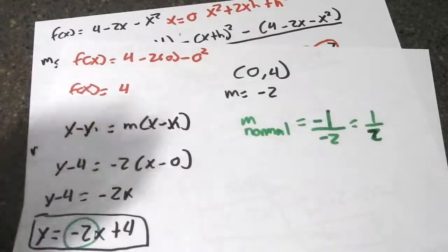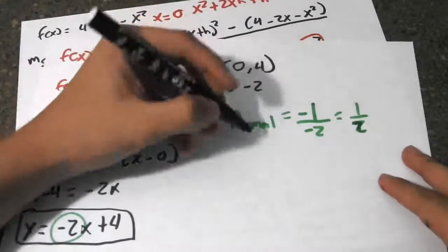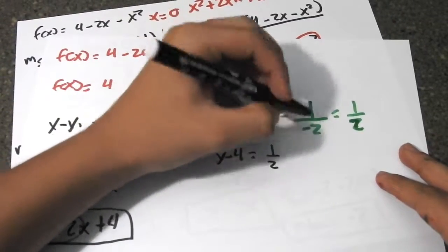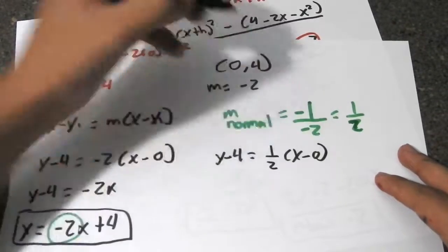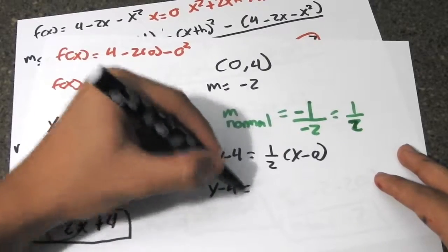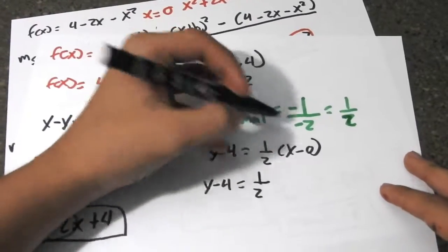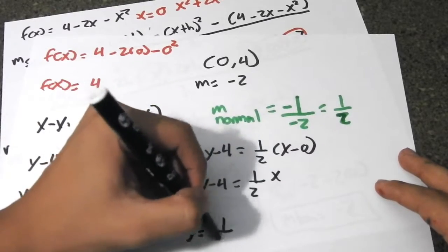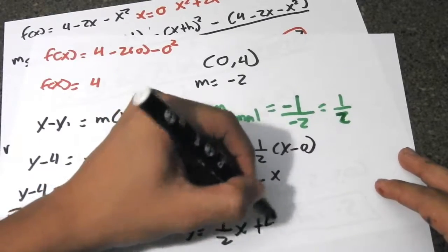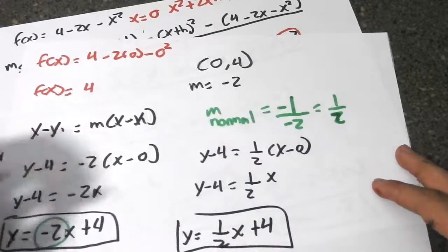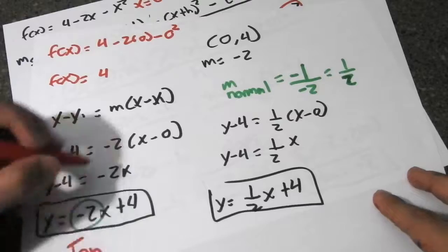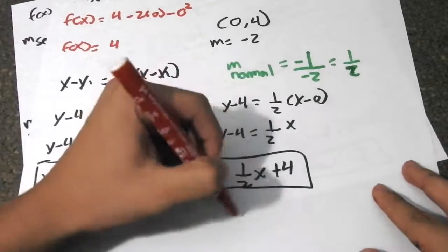And now we're going to do the point-slope formula again. Y minus 4 equals 1 half times (x minus 0). So y equals 1 half x plus 4. So there you have it. You have slope tangent and slope normal.